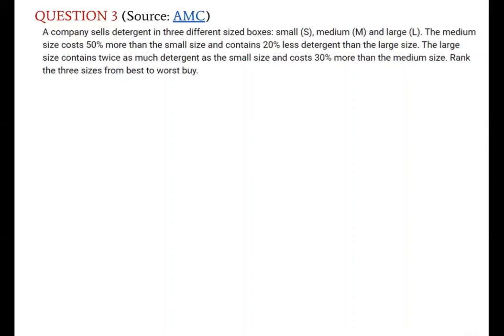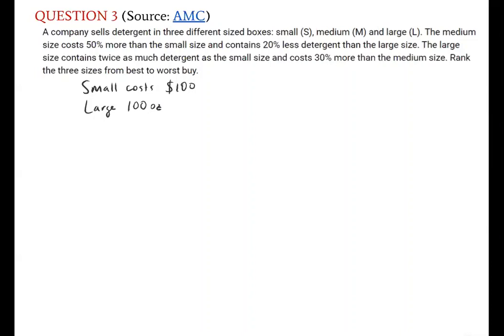Question 3, a company sells detergent. So we don't know what the actual price and sizes are, so we're just going to pretend that a small costs, let's say, $100. And we're going to say that the large is 100 ounces or whatever.